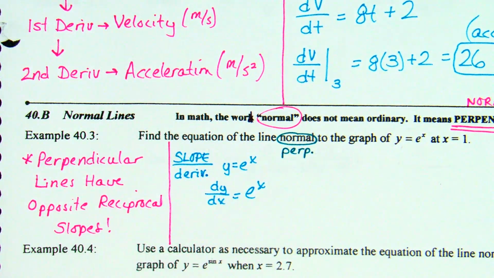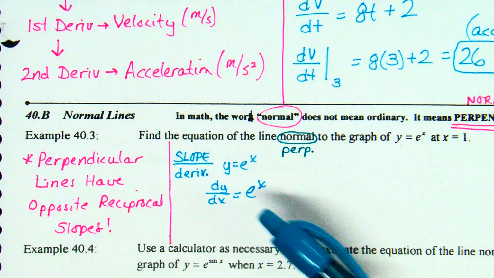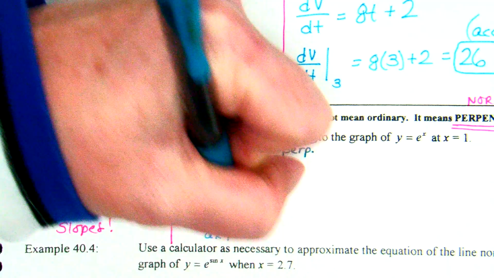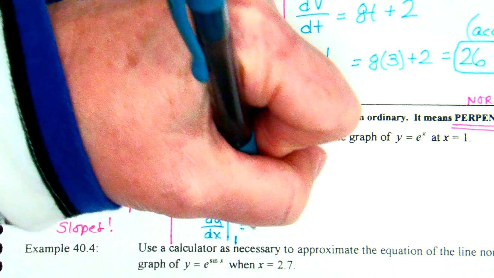At x equals 1. So we know the slope of the line is e to the x in general. What is the slope of the line at the point x equals 1? Yeah, you plug in 1, and it's e to the first, which is e.